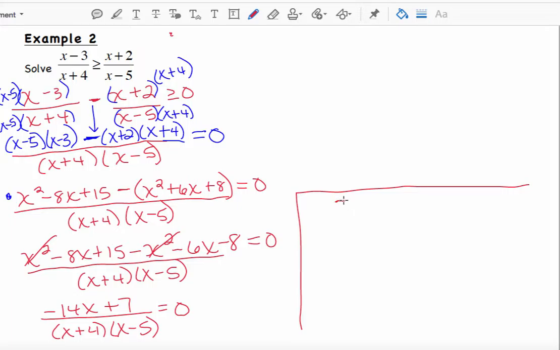Would take out a negative 7, and then we would be left with 2x minus 1, and my denominator still factored, x plus 4 times x minus 5, and our inequality symbol was greater than or equal to 0.